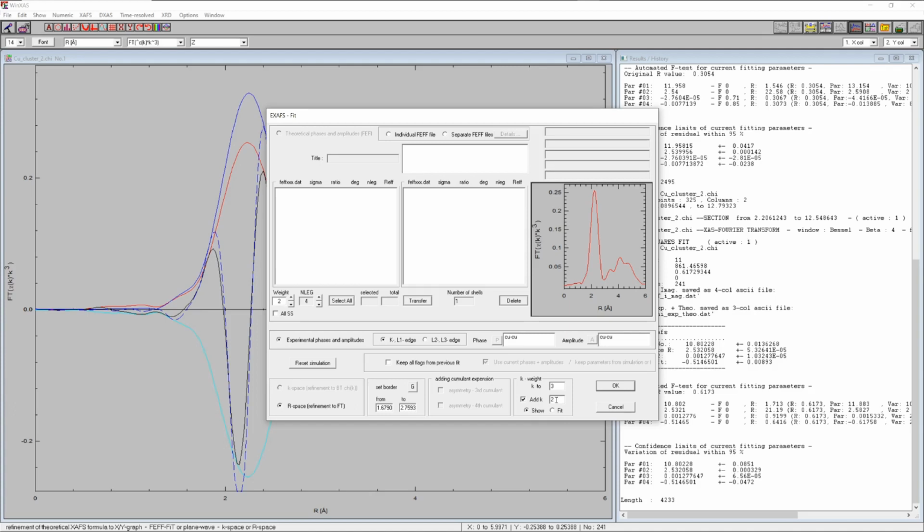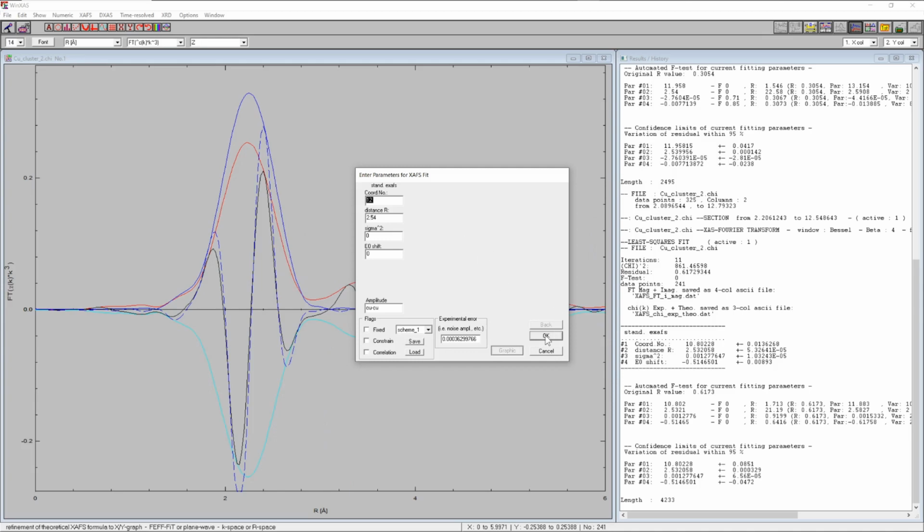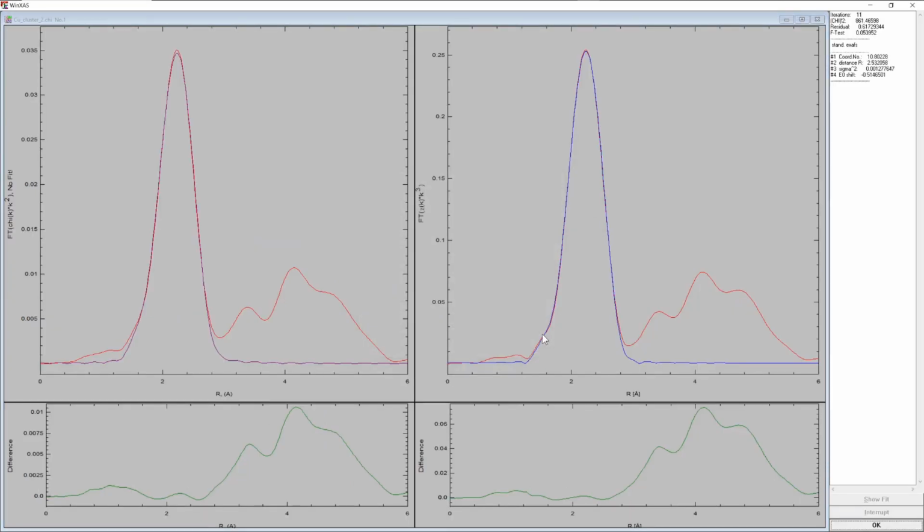So we select at K, K2. So now, in the refinement, we have two radial distribution functions, one with a K weight of 3 and one with a K weight of 2. And we select show instead of fit. We select OK. We perform the refinement.